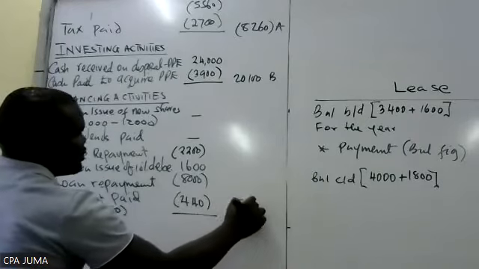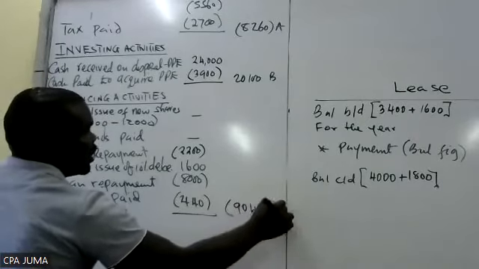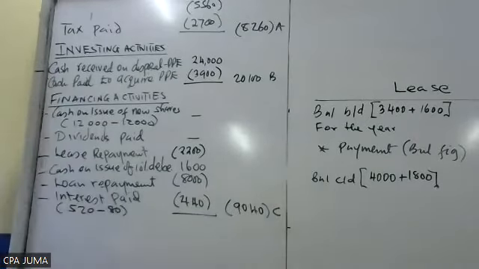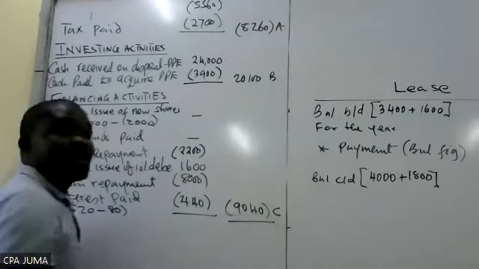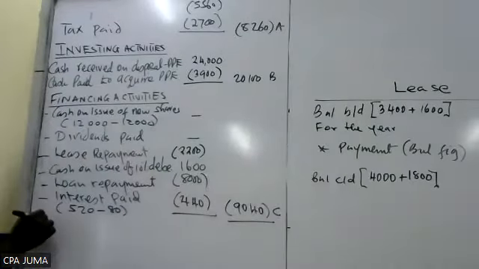Yeah. Call it C. So I want you to give me net cash flow.